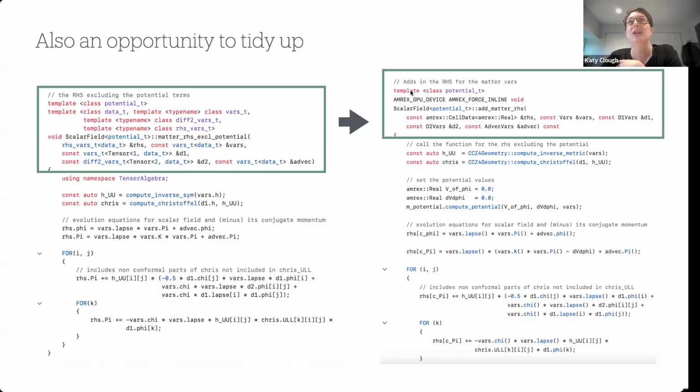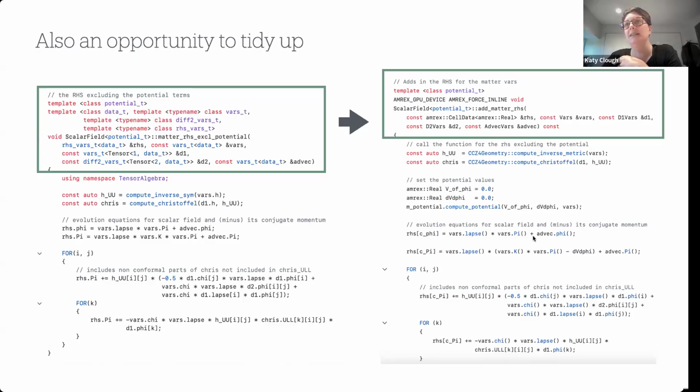Whereas now, the only template argument we have, so this is a scalar field, we template it over the potential that the scalar field feels, which is a logical thing to template the class over. And we don't have any other template arguments like this horrible data T thing. We have some structures that we keep the variables in. We keep the first derivatives of the variables, the second derivatives, and the advective derivatives.